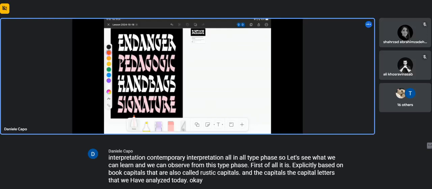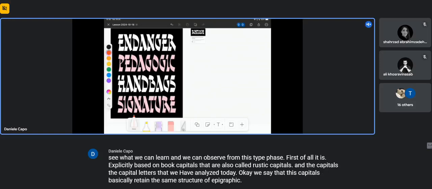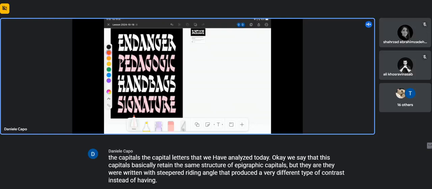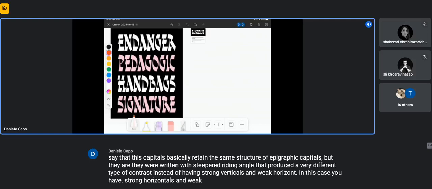Okay, we say that these capitals basically retain the same structure of epigraphic capitals, but they were written with a steeper writing angle that produced a very different type of contrast. Instead of having strong verticals and weak horizontals, in this case you have strong horizontals and weak verticals.